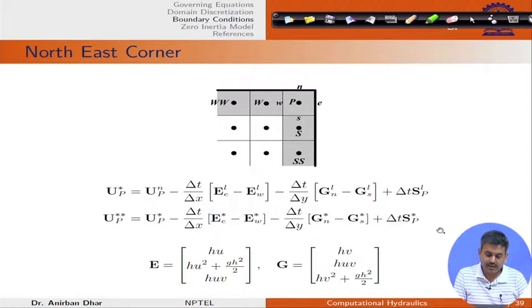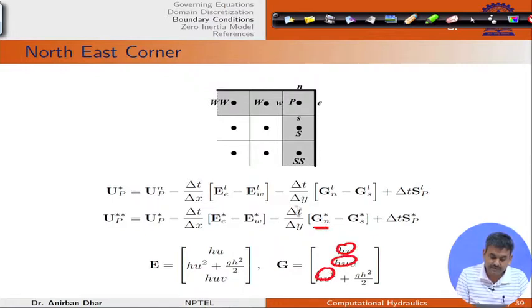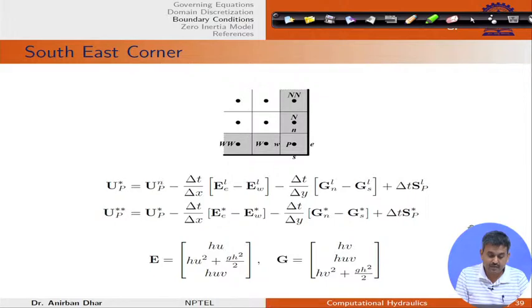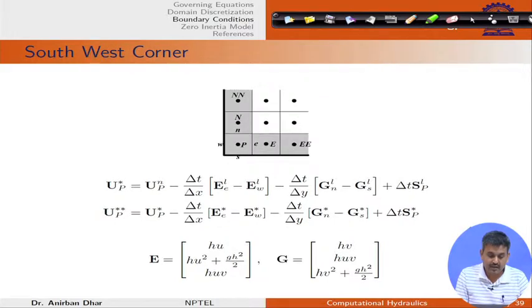So, obviously, in this case for the north corner this will have 0 components, and for the east corner this will have 0 components. So, northwest, then southeast and southwest corners, we can have similar situations.